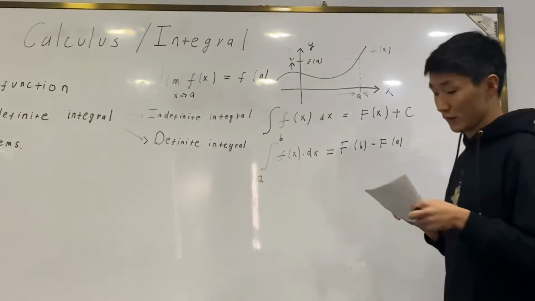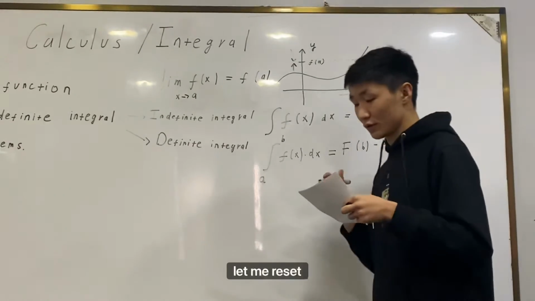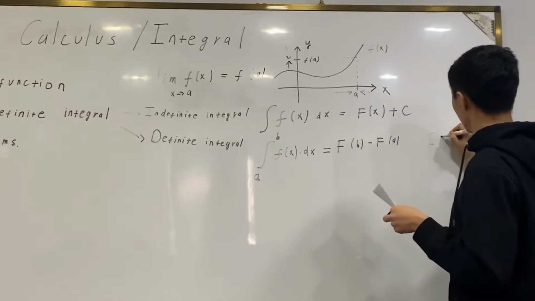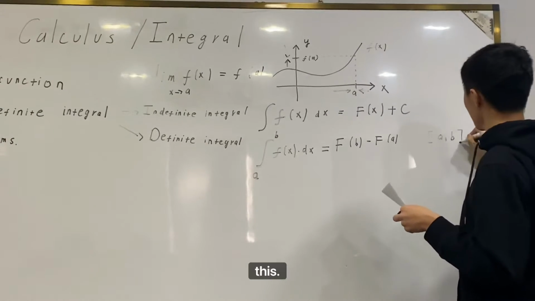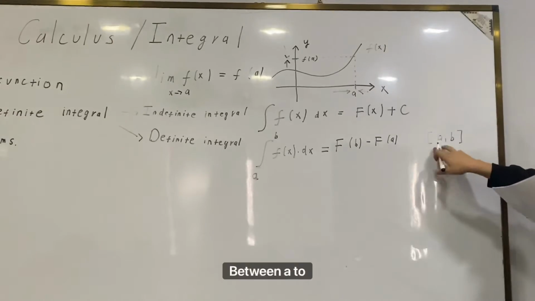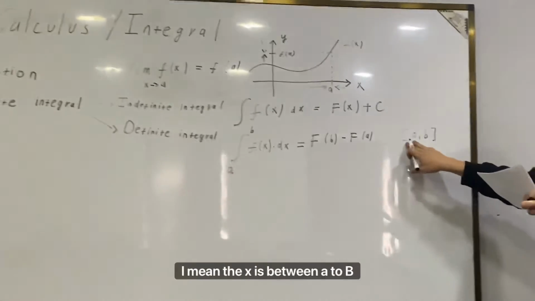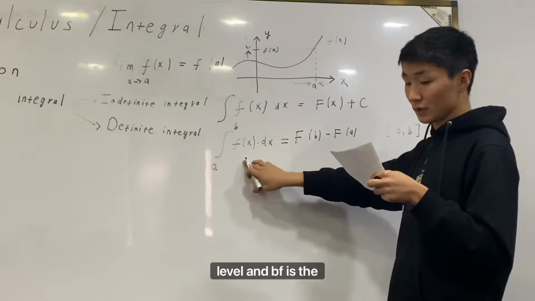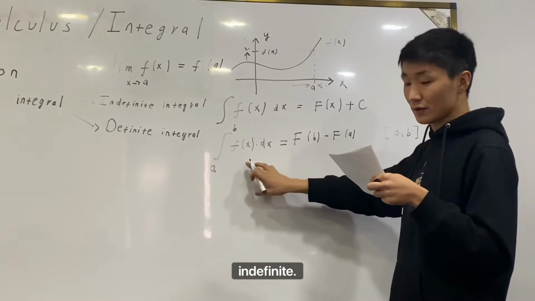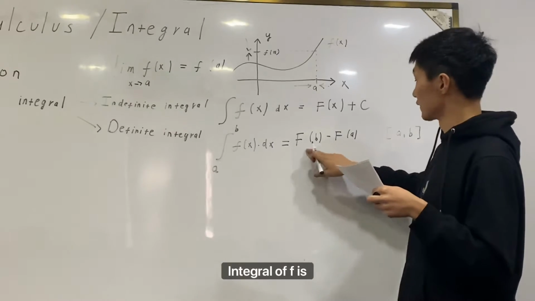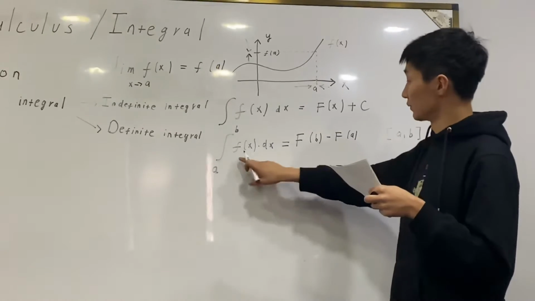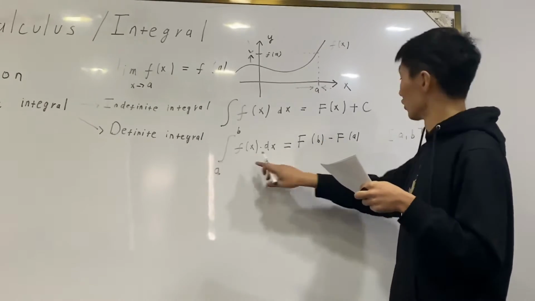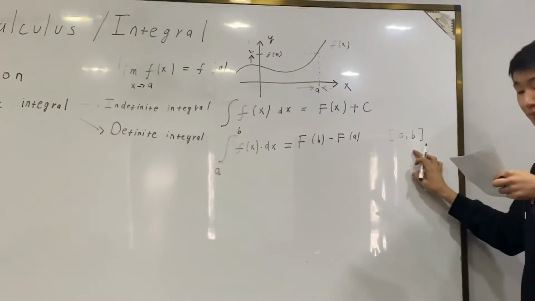So let me re-say this. On the closed interval [a, b], we denote it like this. That means x is between a and b, and this is the lower limit and upper limit. And big F is the indefinite integral of the small f function on the interval a to b.